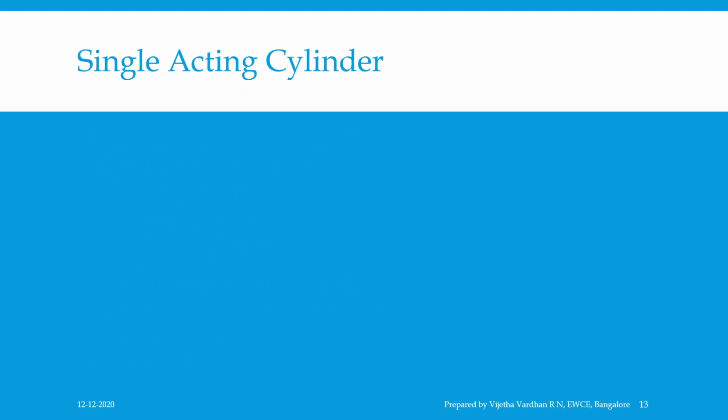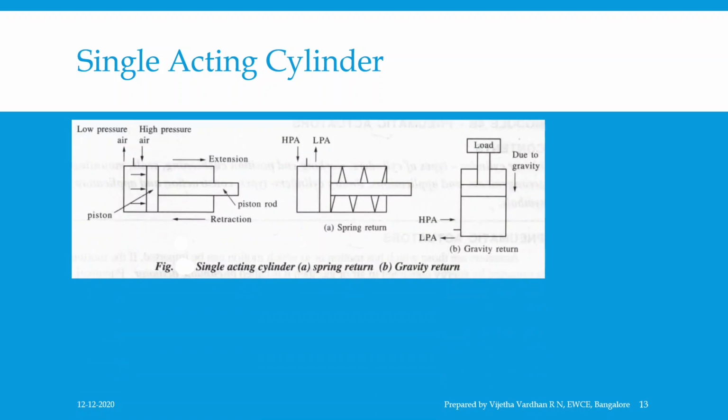Now let us understand the working of a single acting cylinder. In a single acting cylinder, compressed air is applied on one side of the cylinder, which extends the cylinder, that is, the piston. You can see the respective figure over here. The method of retraction depends on the application of the cylinder.